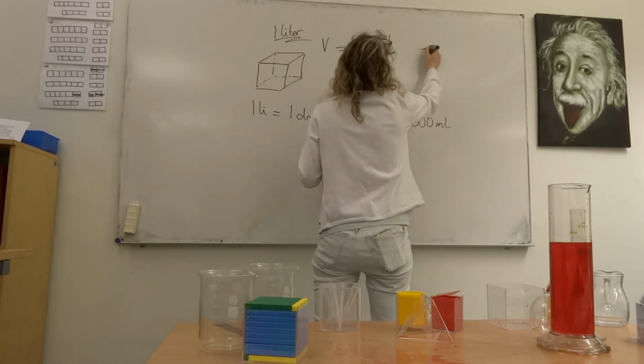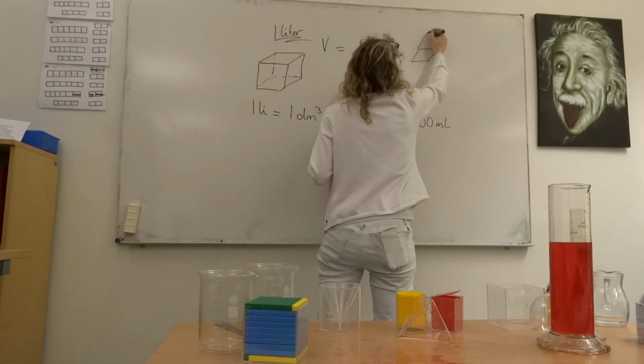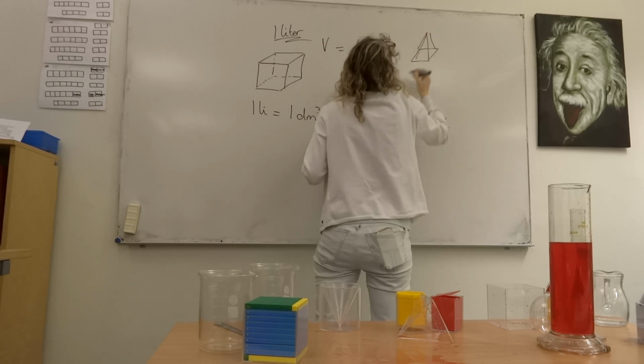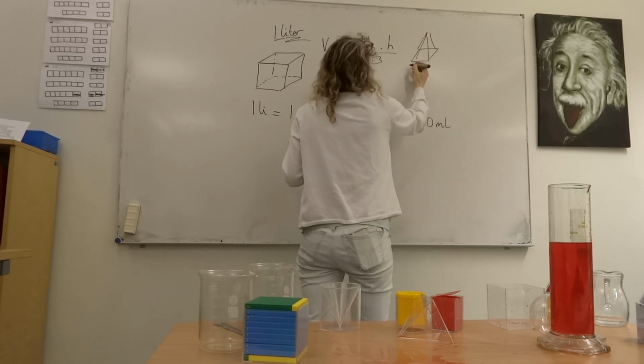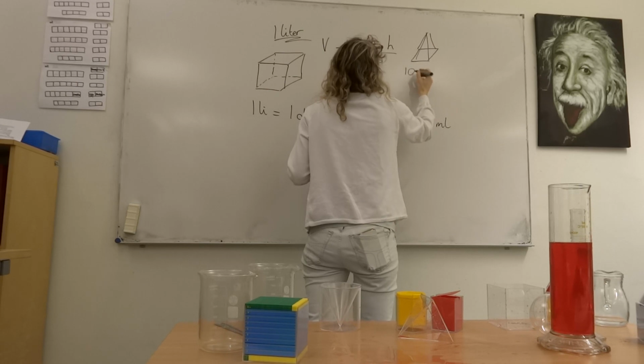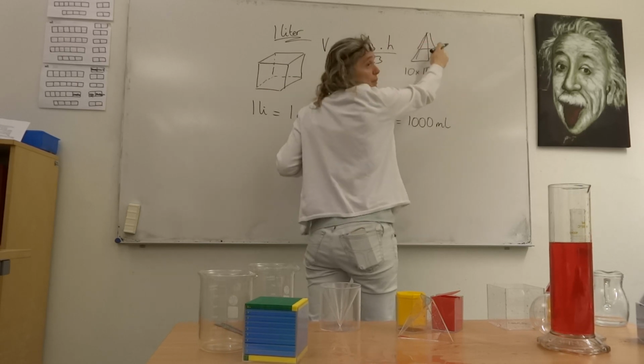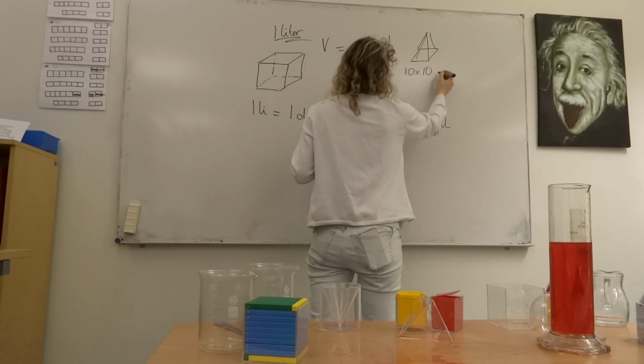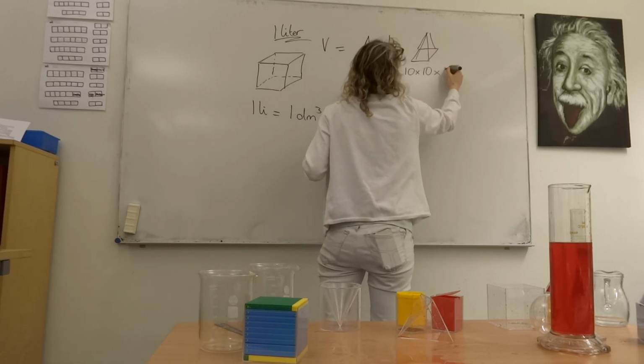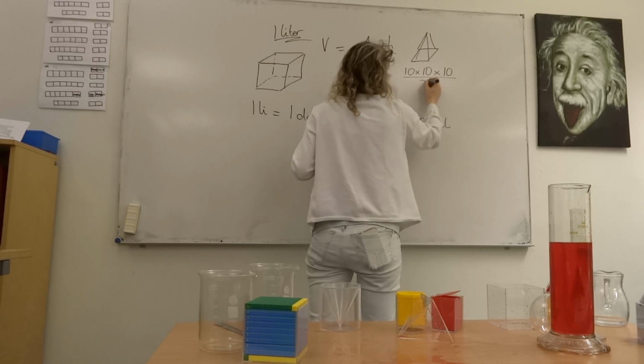So this was the formula for a square-based pyramid, that we had the base of 10 centimetres by 10 centimetres to give us the base area here, multiplied by the perpendicular height, which was 10, divided by 3.